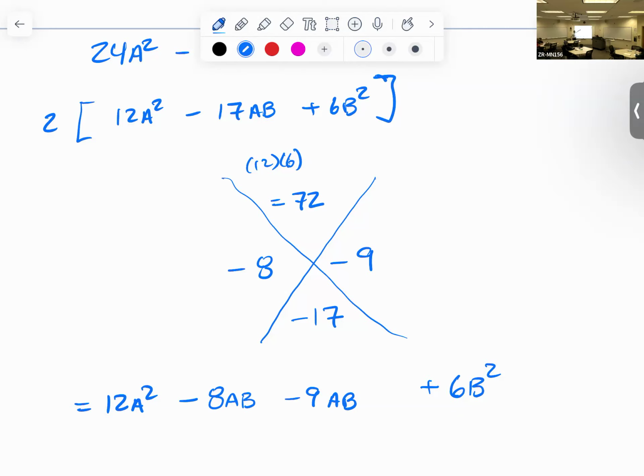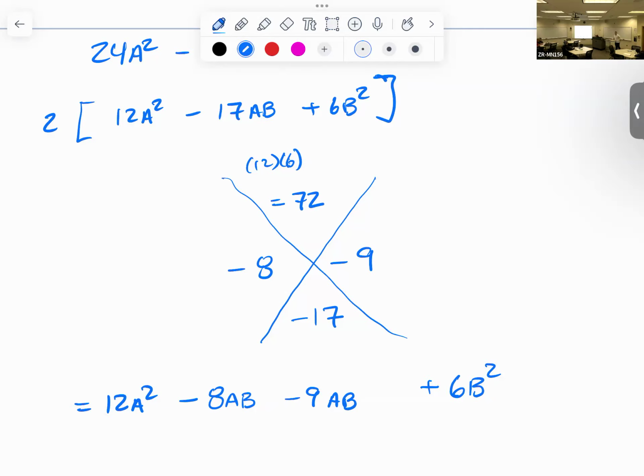The whole point of the diamond is to turn this into 2 pieces. -8 plus -9, what does that become? Right? It has to be this number. So it's always just a quick check. As you're going, check yourself to make sure that that made sense. If I had 72 and 48, that definitely doesn't become -17.